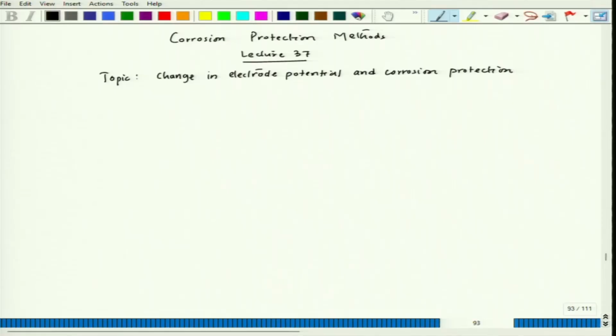We would also like to see how to calculate the number of sacrificial anodes required for sending the current required for a good amount of protection, as well as how to calculate the weight of the total anodes that will be required for giving protection to a structure for a certain period of time. So, let's look at the calculation of current output.